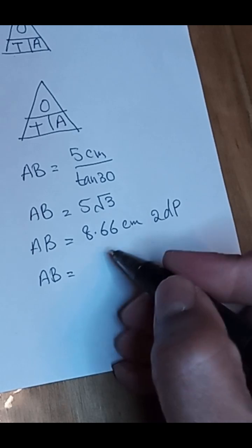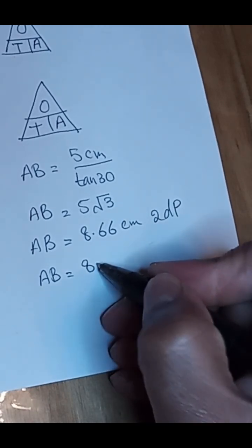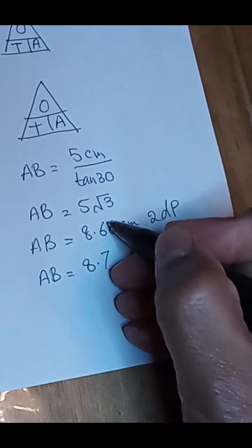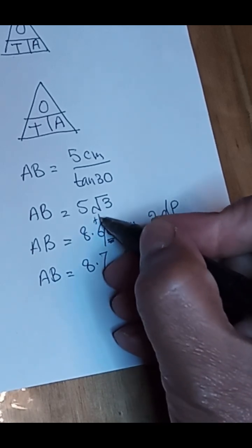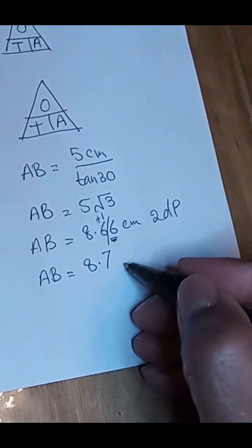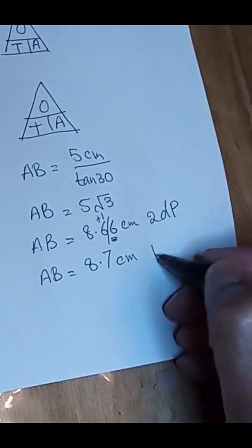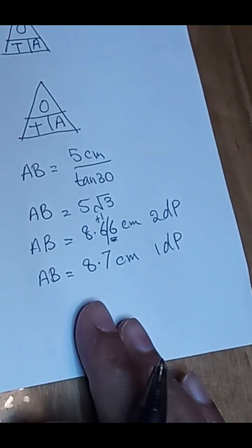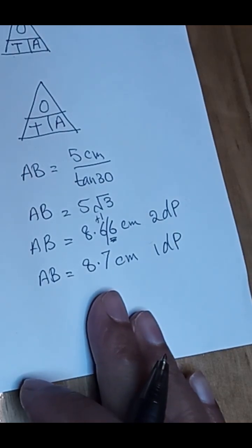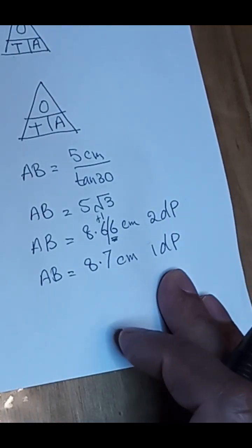Looking at this one, we can write 8.7 centimeter, because this digit is 5 or more than 5, so we add one over here, so it becomes 8.7 centimeter to 1 dp. So this is our length AB, which is 8.7 centimeter to 1 dp.